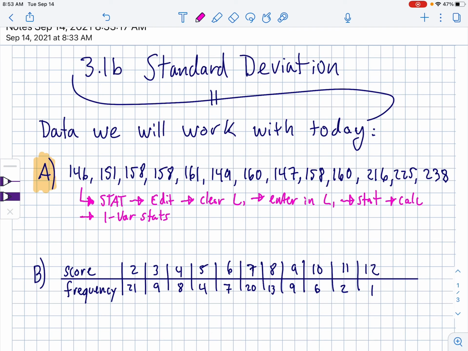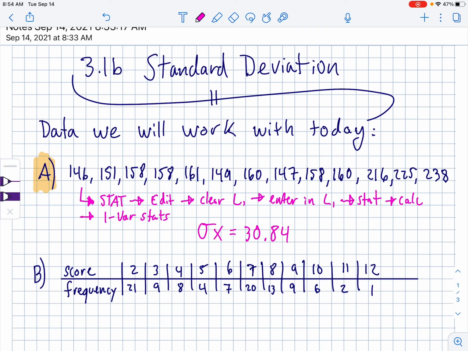Clear the frequency list if you had anything in there from before, because we're just working with L1. Hit calculate, and on the fifth row you'll see this symbol, sigma x, which is equal to 30.84. That is our standard deviation. That's a pretty high standard deviation.